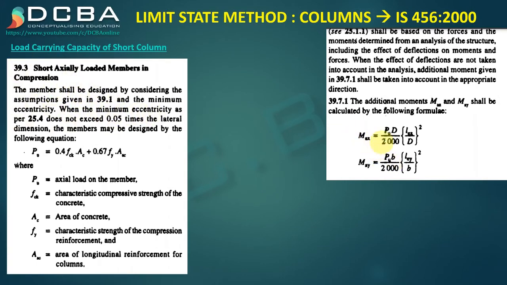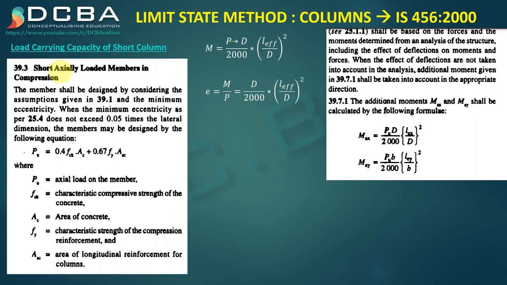What is given is Max = P D upon 2000 into L effective by D square. I won't take X and Y, I'll just write a generic formula. I told you that M by P was eccentricity. So eccentricity e is M by P, this P I took down, that will be equal to D by 2000 into L effective by D the whole square.